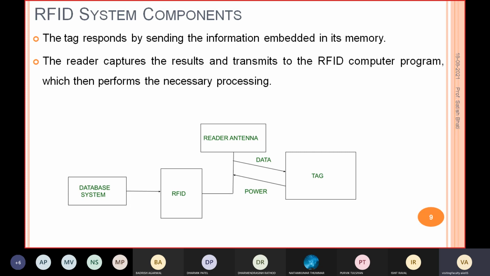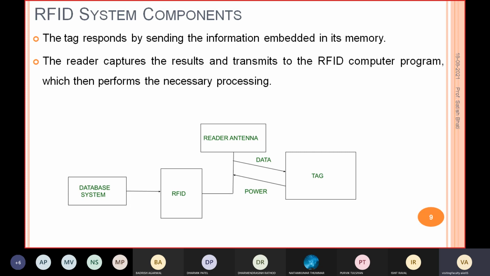And not only data, right? In some applications or scenarios your reader also gives power to your tag. As I told, a tag is nothing but an electronic circuit which has a microchip and an antenna, so definitely to transmit or receive the signal it needs some power, some energy.